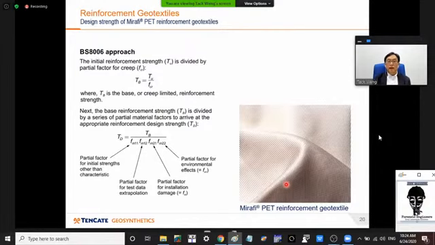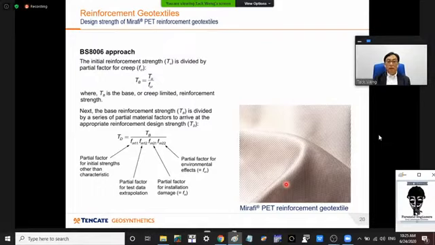If you reverse that, the design strength that is allowed is the short-term or ultimate tensile strength, TU, divided by a series of factors. These partial factors can include partial factors for creep, for installation damage, as well as for environmental effects, and the partial factors suitable for the derivation are time dependent.